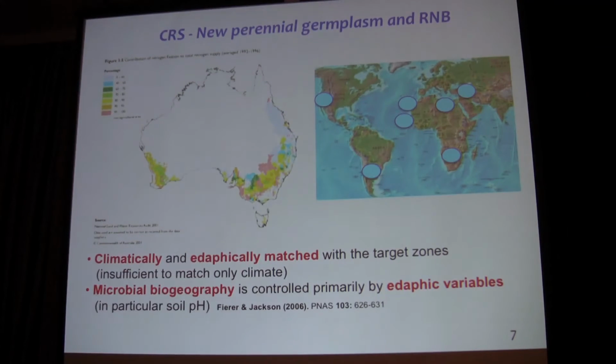And we certainly managed to succeed in that area. What we've done is to begin to target germplasm from countries which have a climate very similar to ours, but we not only need to consider climate, we also need to consider some of the edaphic variables that go with that. One of the most important edaphic variables is soil pH, and in particular acidity. So we sourced isolates and our legume germplasm from all around the globe, particularly from the Mediterranean basin and lately from Africa.